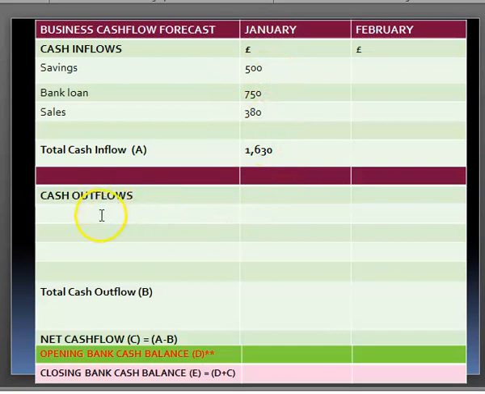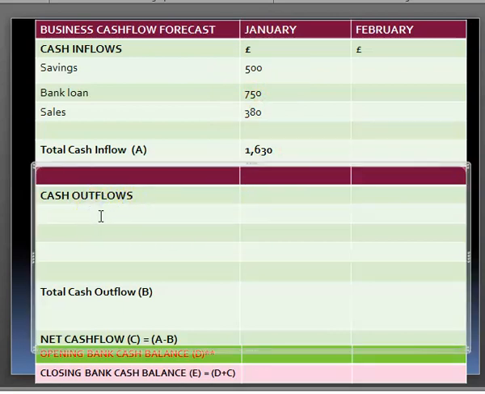Now we're going to calculate the cash outflows. They bought stock purchase. Stock is materials or whatever they want to use for the production or for whatever they're doing in the business, and they bought that for £800. Then they paid wages to staff, £400 in January.